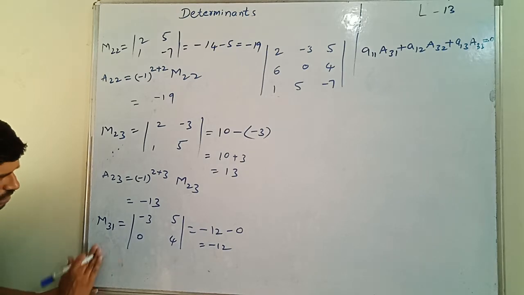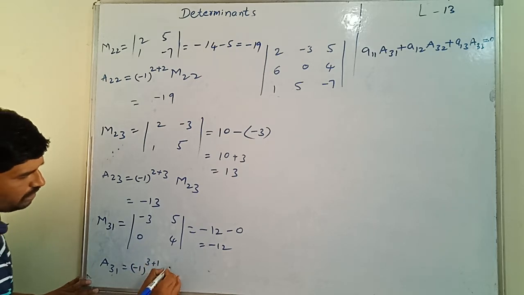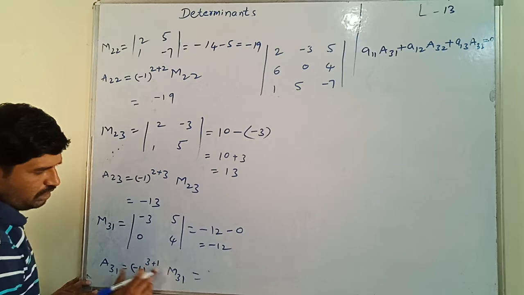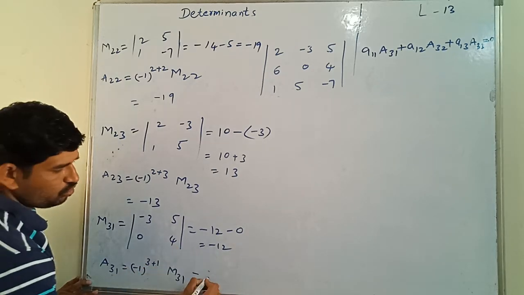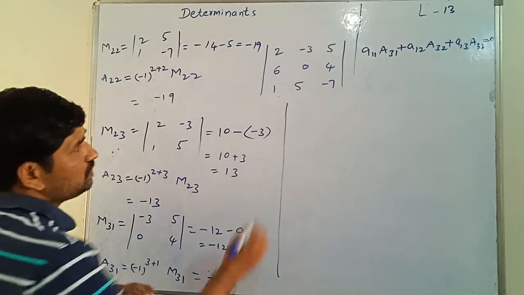Now we write the cofactor for this a31: minus 1 whole power 3 plus 1 into a31. Okay, 3 plus 1 is 4, which means positive, and the m31 value is already minus 12. So 3 1 is completed.